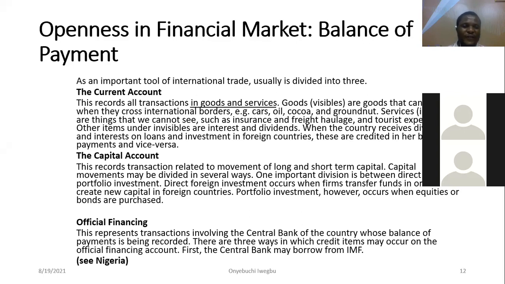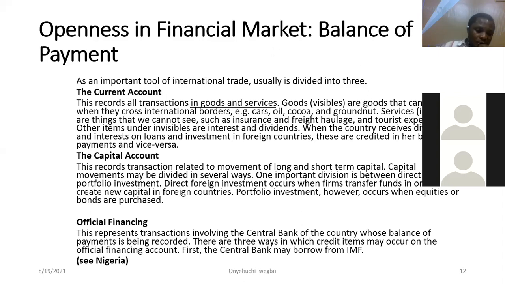The goods are visible, you can see them, all your trade, export, import. While the services are invisible. That's where you have your consultancy fees, and there are many. I can't really remember. And insurance, freight, tourist expenditures, they are all invisibles.